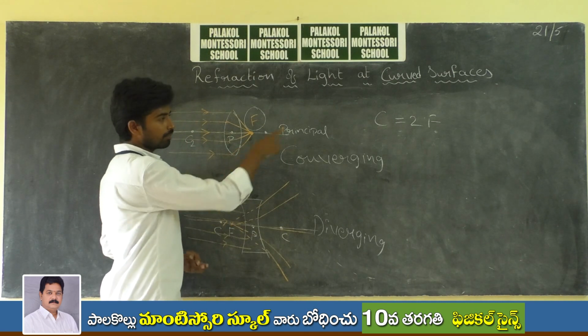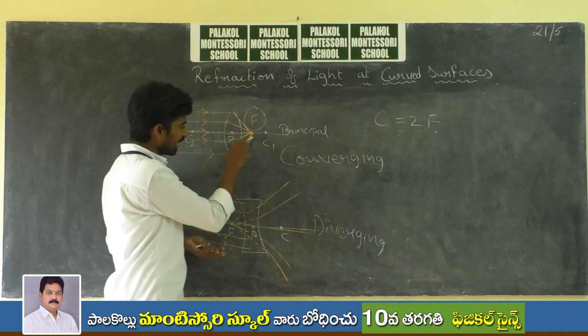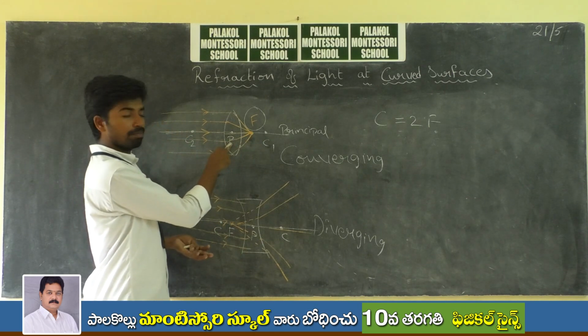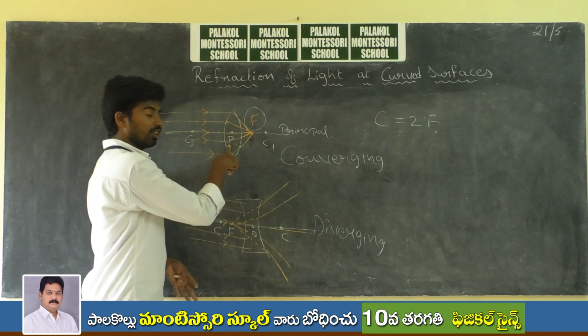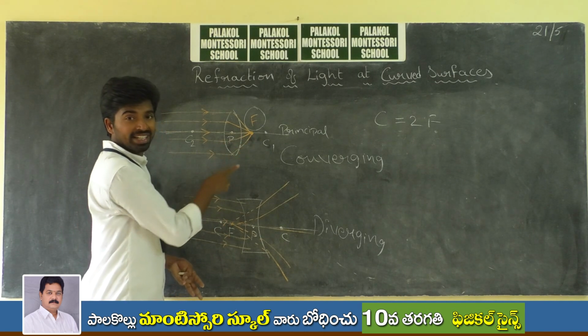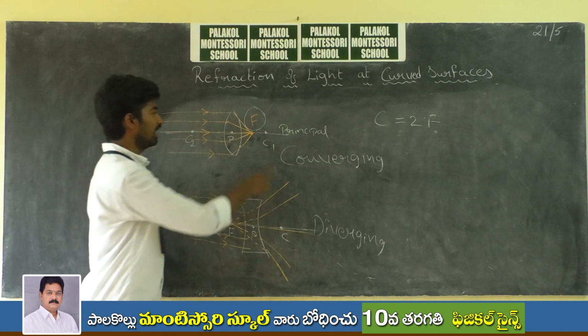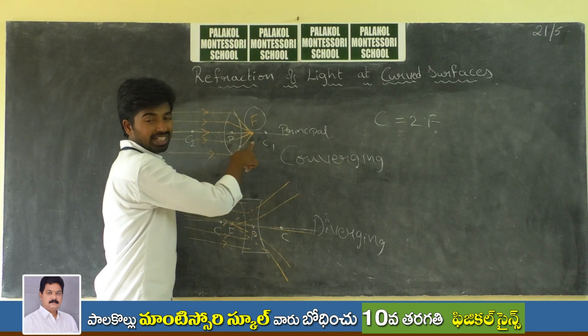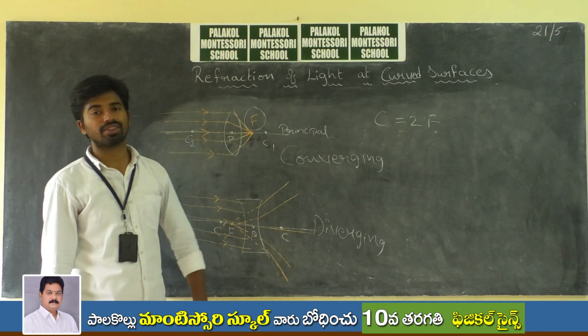So from that relation, the focus point is situated exactly at the midpoint of the pole and the center of curvature. This is a very important point. For lenses formed by spherical curved surfaces, the focus point is situated at the midpoint of the pole and the center of curvature.